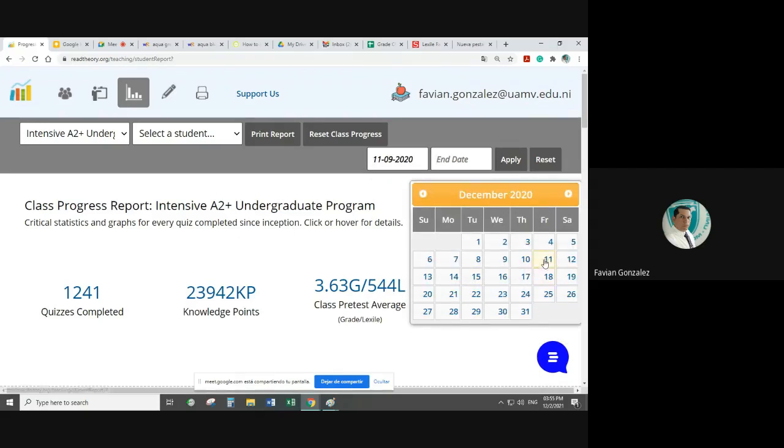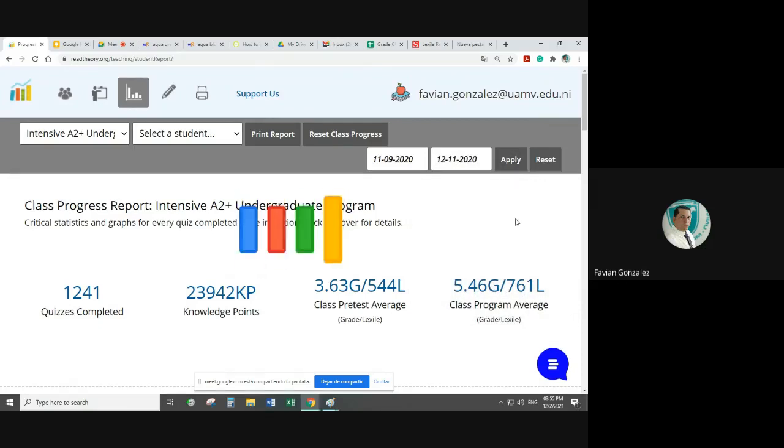This is very important to do. Why? Because you will have students who have been using Readtheory in previous levels, and they will continue using the same account. So once they enroll in your class, you will be able to see all the numbers that the student has gotten from the very first day he or she signed up for Readtheory.